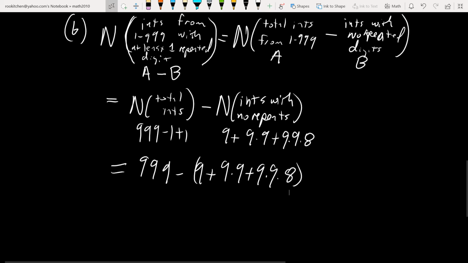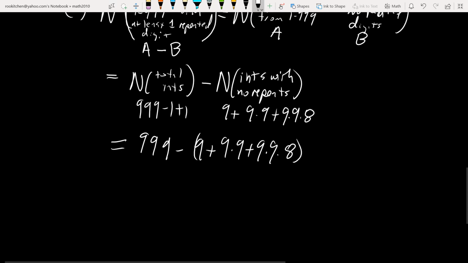Then they're going to want to throw in some probabilities. So here they want to know the probability of picking one number from 1 to 999 such that at least one of the digits is repeated.